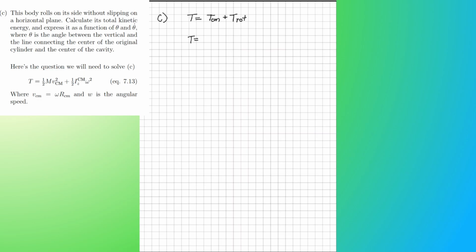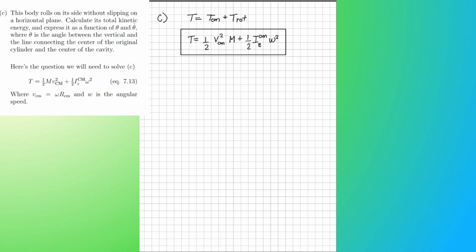And this is equal to half of the speed of the center of mass squared multiplied by the mass of the system, plus half of the moment of inertia around the center of mass multiplied by the angular velocity squared. So this is a really useful equation that you want to keep close by.